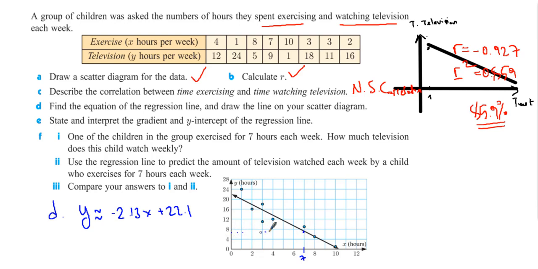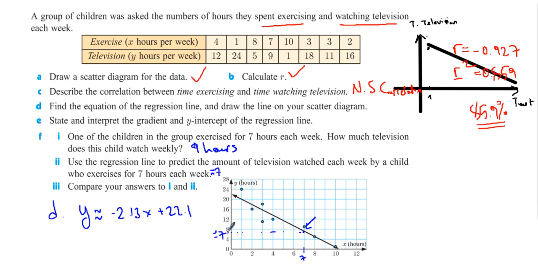When the child exercised 7 hours, how much television? From our prediction, our line, it's approximately 7, correct? But from our actual data, the point shows the student exercised 7 hours and watched 9 hours, correct? And from the prediction, it's approximately 7 point something.